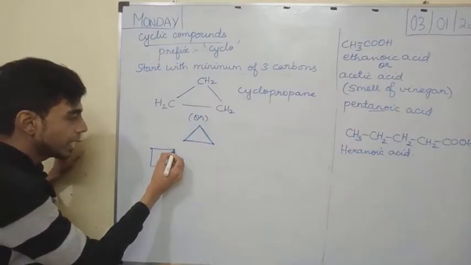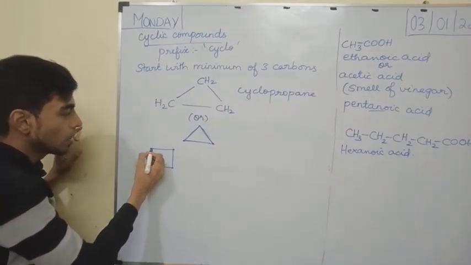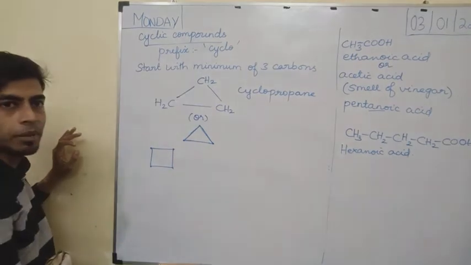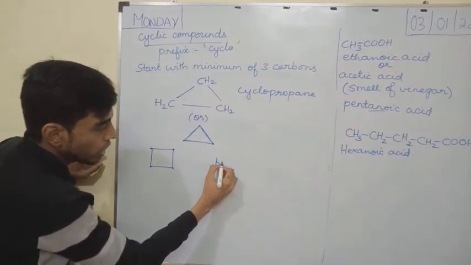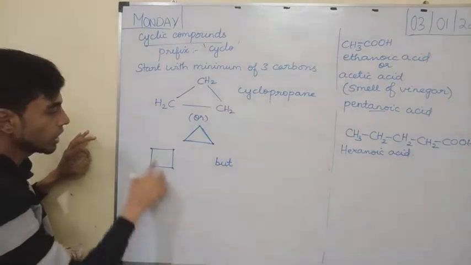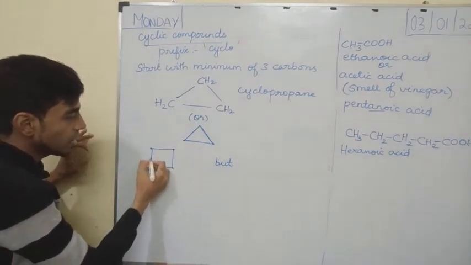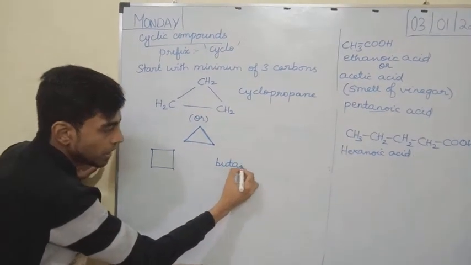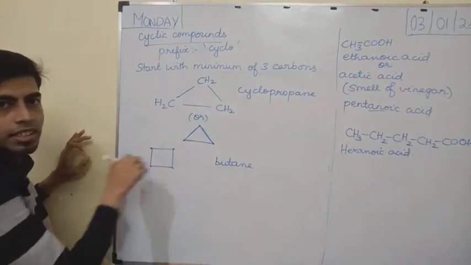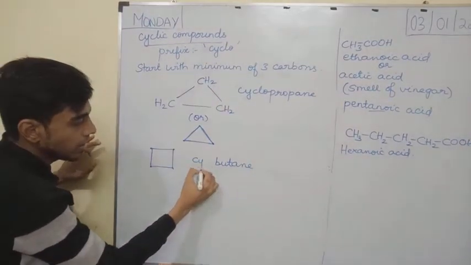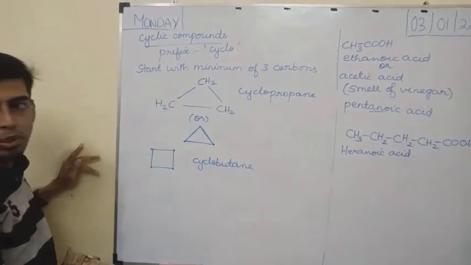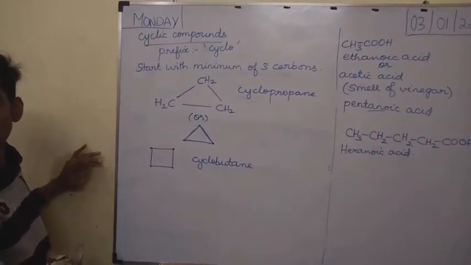Each bend represents a carbon. So totally how many carbons are there? 4 carbons. So 4 carbons means but. These sides represent single bond. Single bond means ane. Since it is a cyclic compound, it is cyclobutane. Understood? Clear?